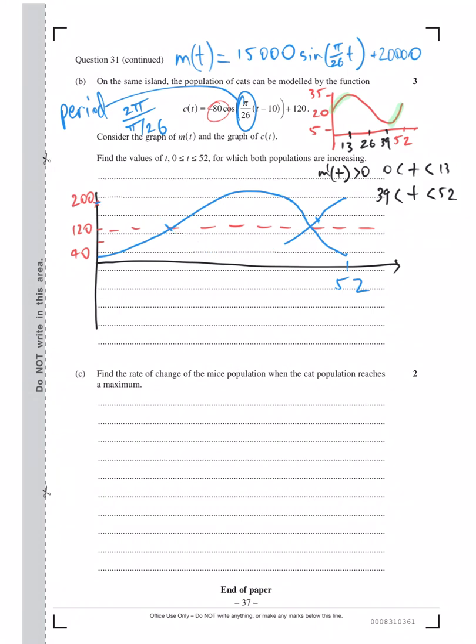Now the other thing we've got to consider here is that we've got a shift to the whole curve with this t minus 10. So what that means is when we start here, we actually are starting as if we were back here at minus 10.